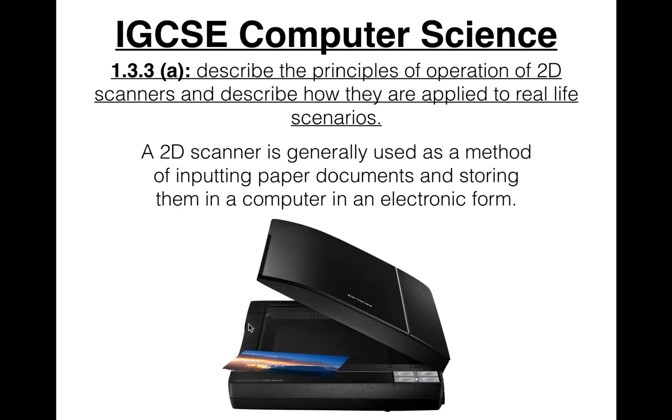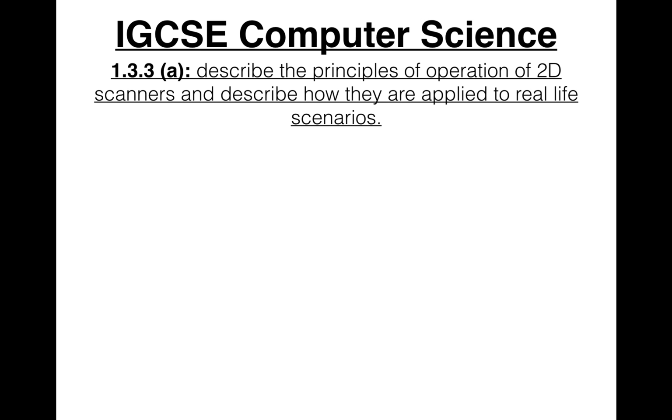A scanner looks like this. An example of the use of a scanner, like scanning passports at airports, we're going to be discussing towards the end of the video, when they apply to real-life scenarios.